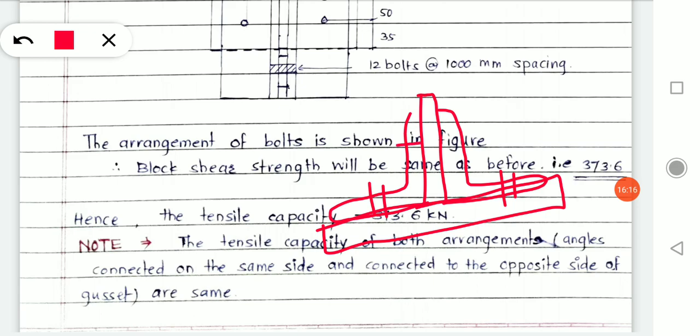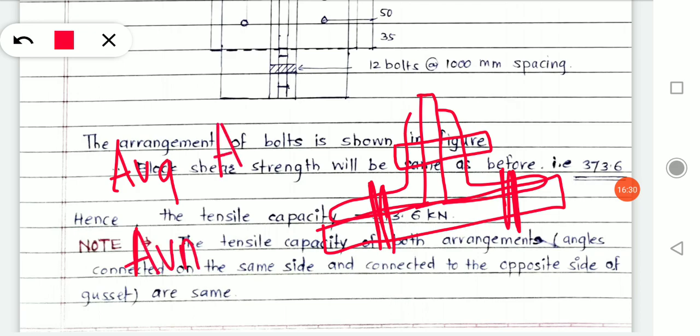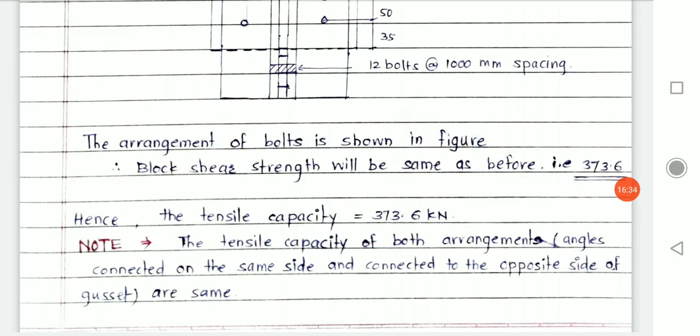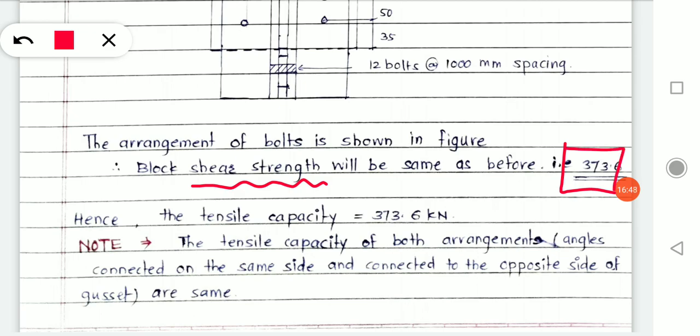Only change: bolts were here in the previous arrangement, now they shifted to the downward direction, but that caused no change in the calculation of AVG, AVN, ATG, ATN. If you want, you can use your calculator to calculate all these values. Please write it down and try to calculate it on your own, and you will get the block shear value. Even block shear strength will be the same.